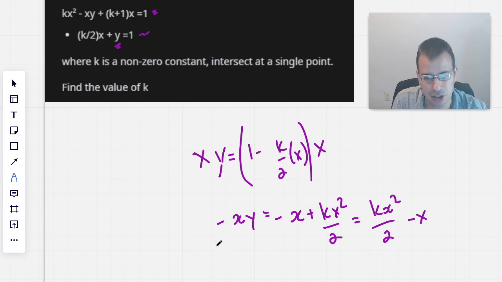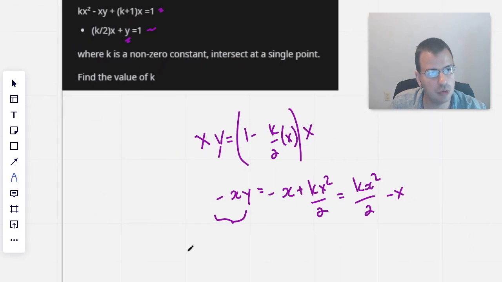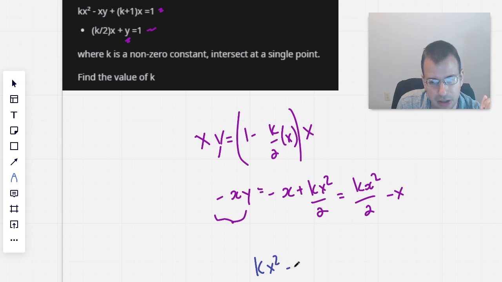The reason I went to this trouble is now I can rewrite the top part as kx squared minus xy.